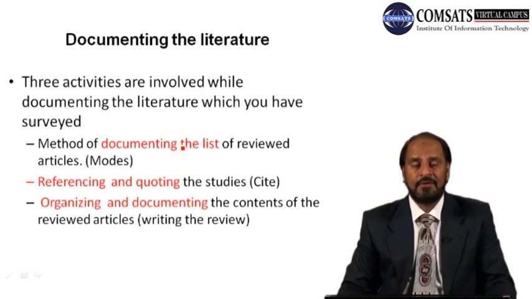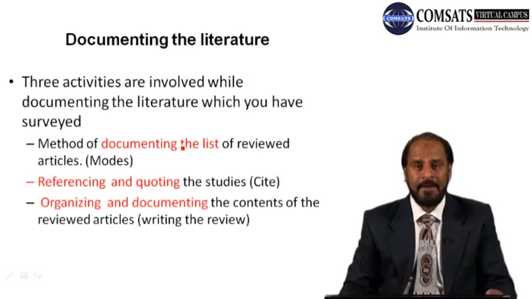The arrangement also has a method to it. While you're writing the review, you need to make sure that it follows a structure, an organized way, so that the reader can better understand the situation.